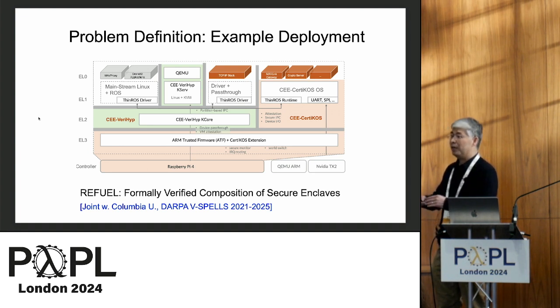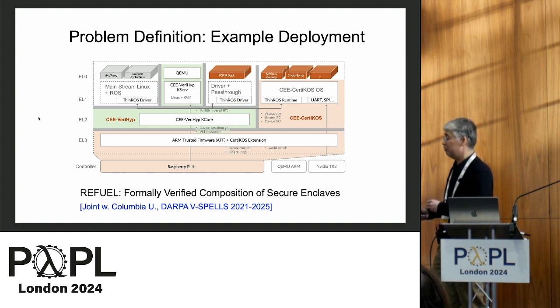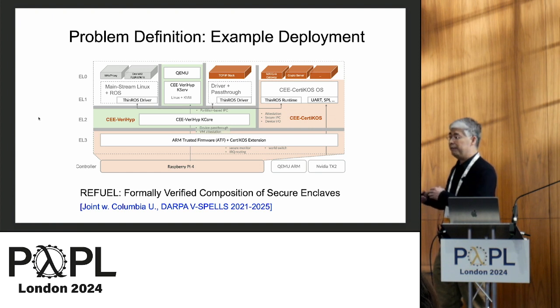So when you try to verify system properties about such a system, you have mixed code from different places. You only zoom into some particular code, you want to verify those properties, and you want to verify that if these enclaves or whatever satisfy certain properties, the whole system will also satisfy these properties.